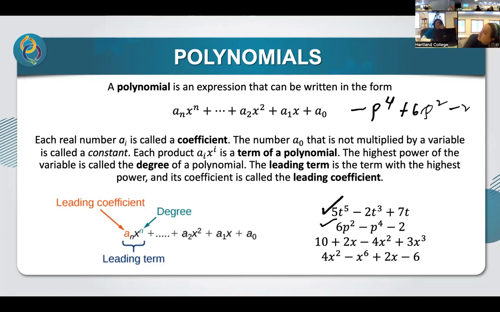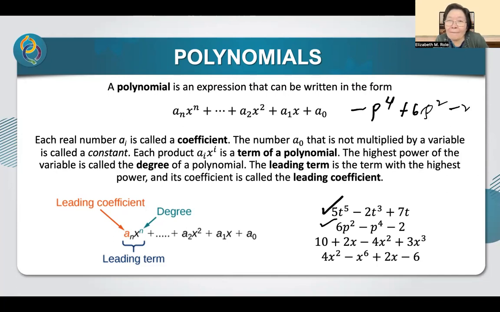We should always be beginning with the term with the highest power. But even when I don't do that, you should be able to identify which one is the highest power, which one is the leading term and which one is the leading coefficient. So with that I have rewritten it into its general form.